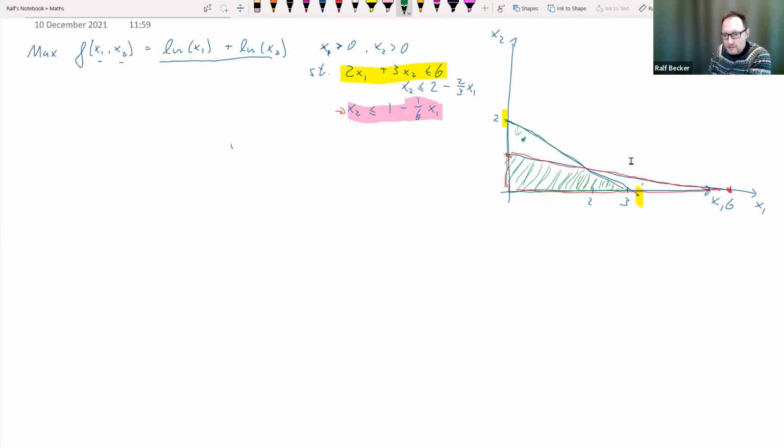If you're in this area here, then the yellow or green constraint here isn't met. So basically our problem is set up that we have to find the maximum of this function, log x1 plus log x2, but over that constraint area.